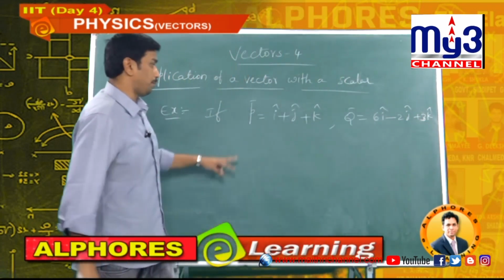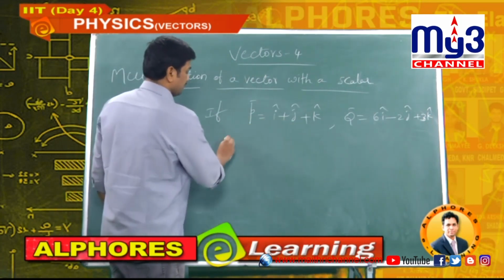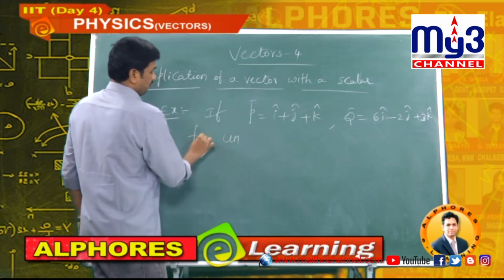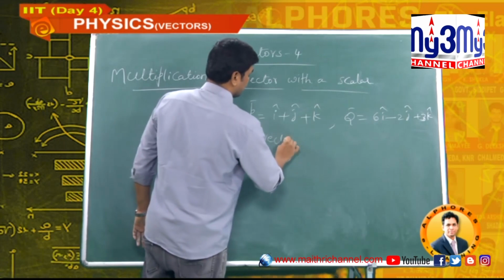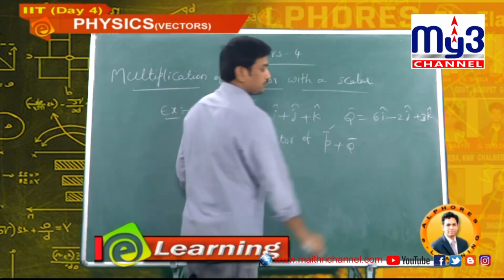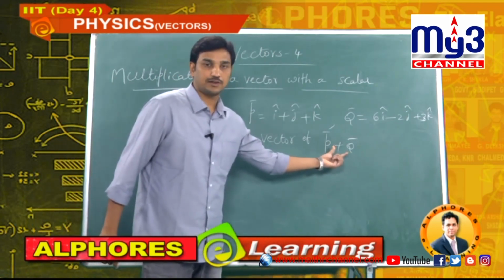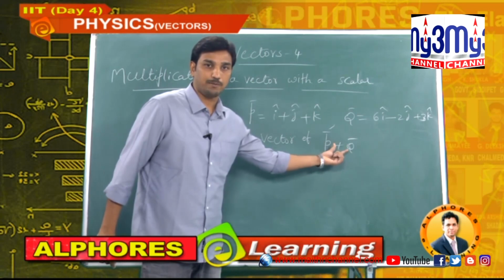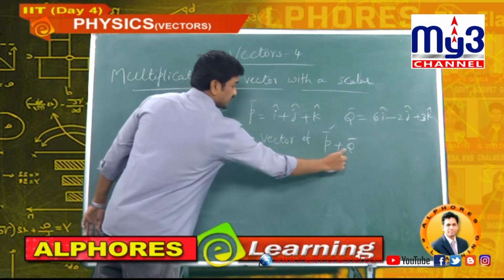So p bar and q bar are given in the question. Now they are asking to find the unit vector of p bar plus q bar. First we should find p bar plus q bar, then after that we should calculate the unit vector of p bar plus q bar. Now let me calculate first p bar plus q bar.